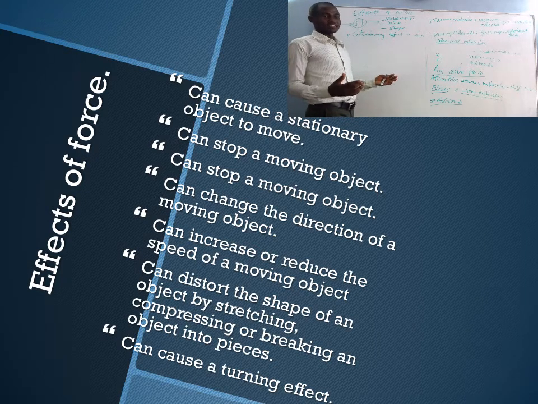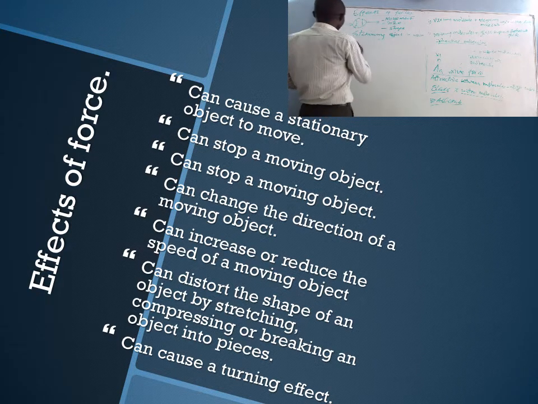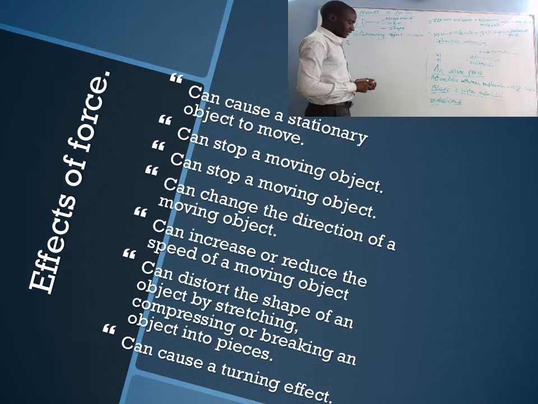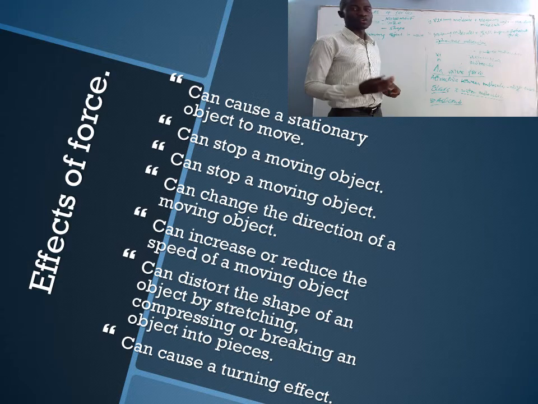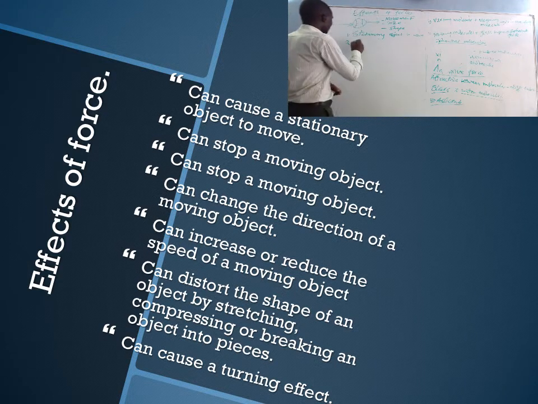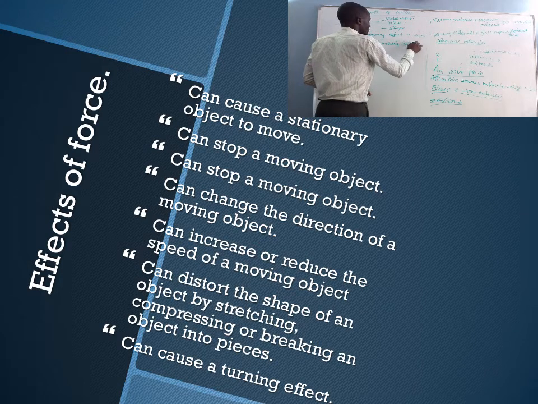If a carton is stationary, then you push it or you pull it, then it starts moving. Then the second effect of a force is that it can cause a moving object to stop.